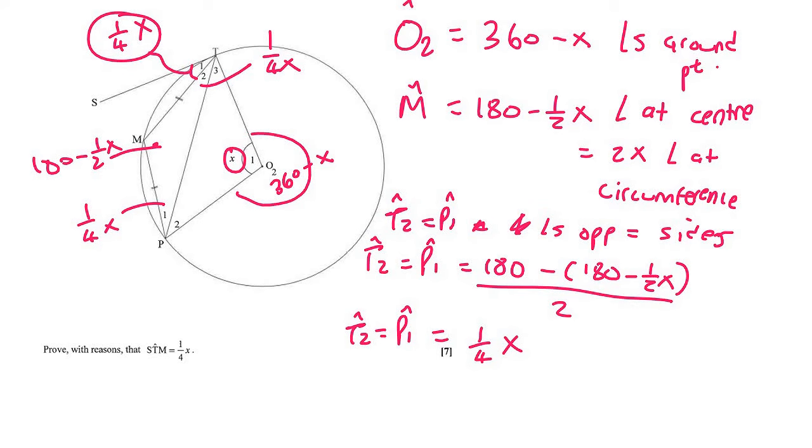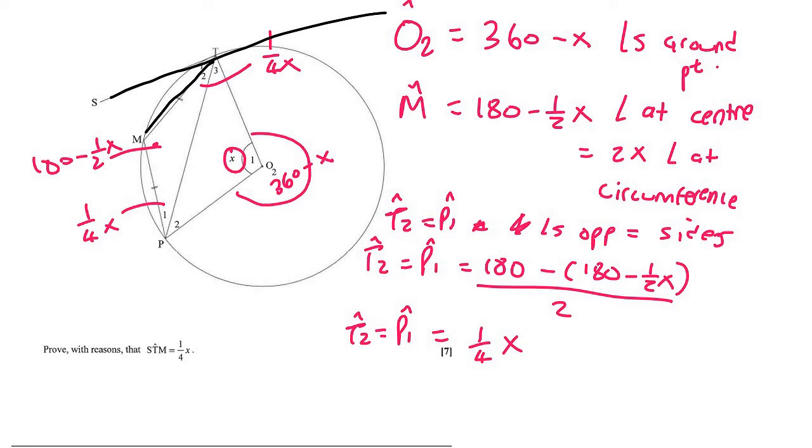Now, guys, check this out. There's a tan chord theorem happening over here. Tan chord theorem works when you have a tangent and a chord. Now look at the angle in between the tangent and the chord. Well, that's angle T1. That angle will be the same as the angle formed by the chord.